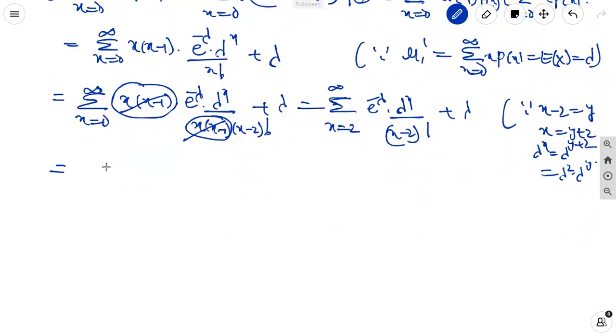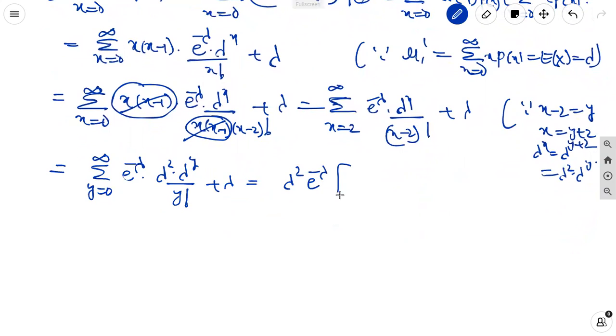This is equal to summation, transferring into y, y again starts from 0 to infinity e power minus lambda, lambda square into lambda power y by y factorial plus lambda, with lambda square outside and e power minus lambda outside. Again we can substitute the values: lambda power 0 is 1 plus lambda power 1 by 1 factorial plus lambda square by 2 factorial plus so on. The second term is lambda.